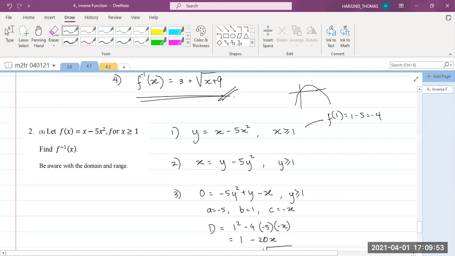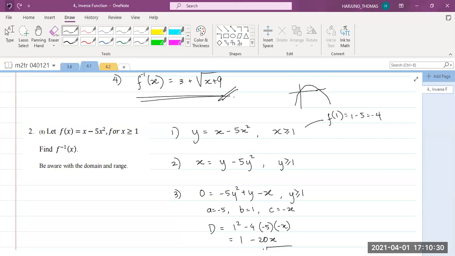For x greater than 1, the function is decreasing.